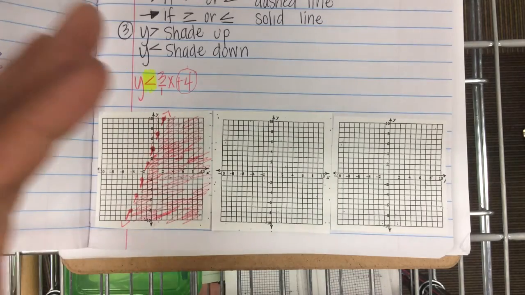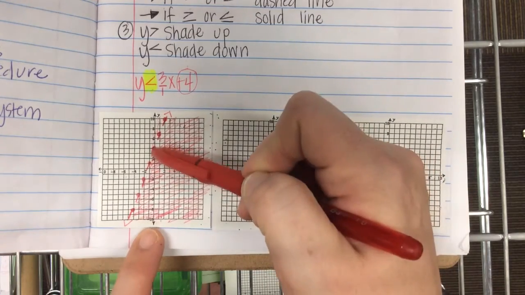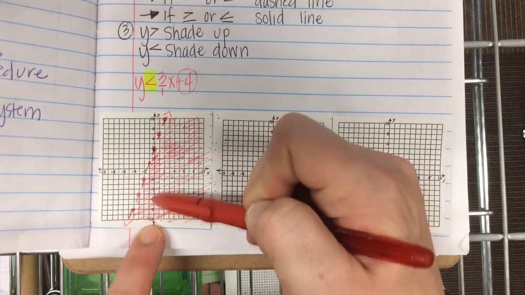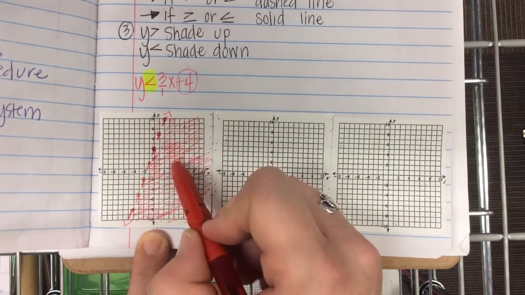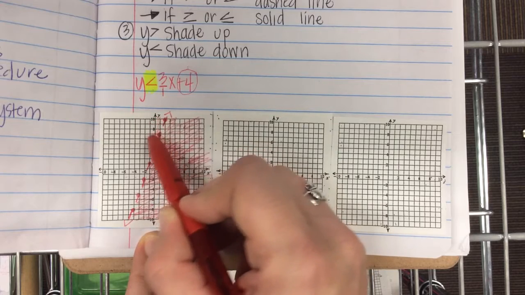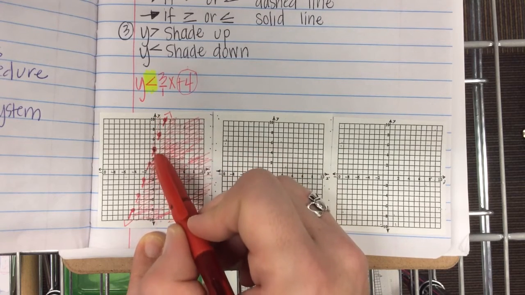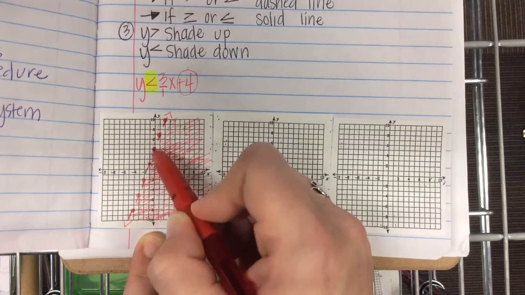You shade that entire half of the line because y gets smaller down here. If I shaded on the other side of the line, y is bigger. I want to shade on this side of the line because this is where y gets smaller on the axis.